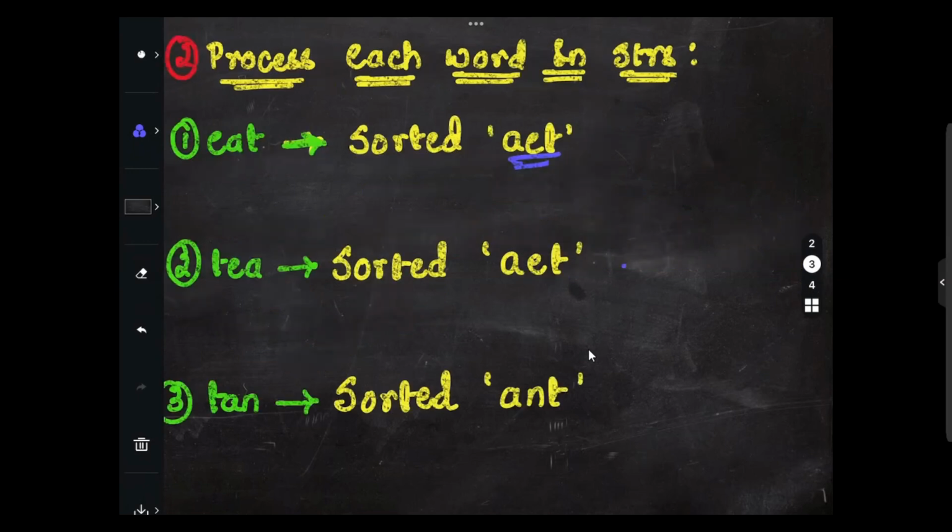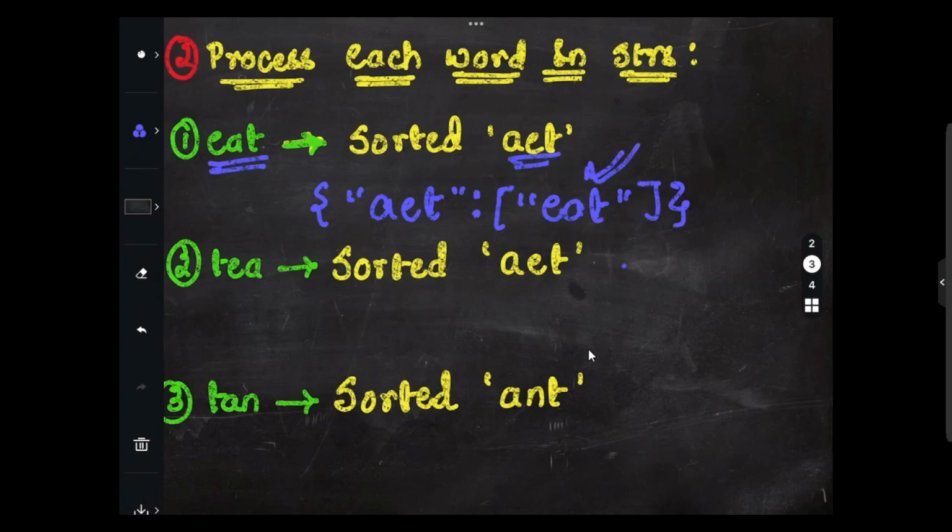So in the map, A, E, T is the key, and the value is EAT, the word we are pushing.